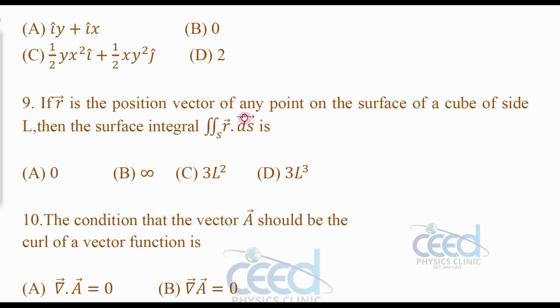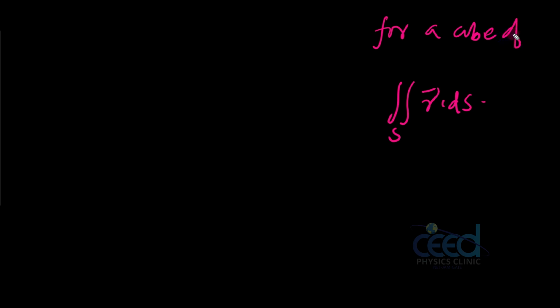If R is the position vector of any point on the surface of a cube of side L, then find the surface integral of R dot ds. That is a good question. We want to find the surface integral of R dot ds for a cube of side L. You can do this using the divergence theorem.